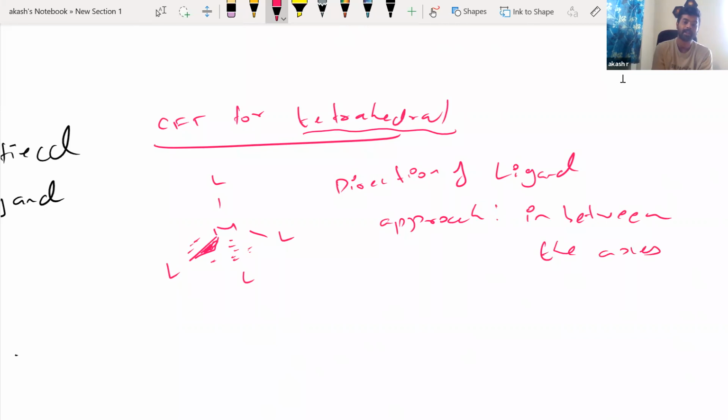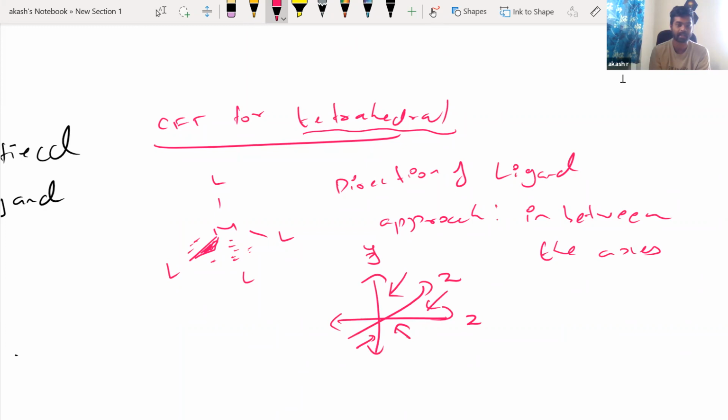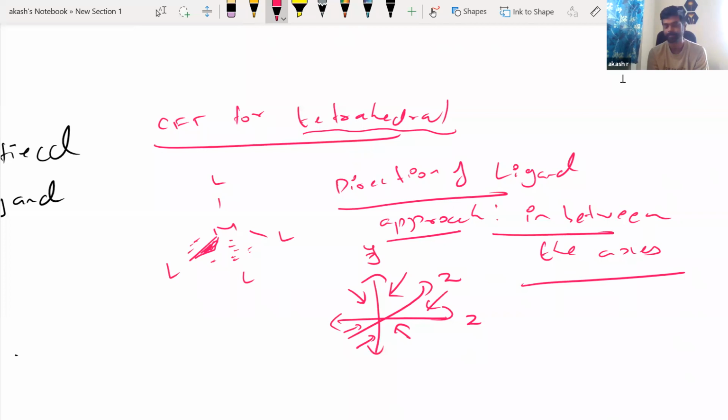For example, say this is the X axis, this is Y, this is Z. The directions of ligand approach are going to be in between your axis like this, not along the axis. Again, this is a very, very important point.